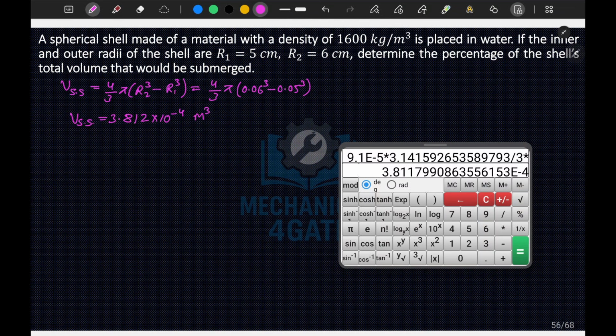Now for flotation, buoyant force is equal to weight. So buoyant force is rho of fluid into g into volume of fluid displaced, which is equal to density of spherical shell into g times volume of the spherical shell.